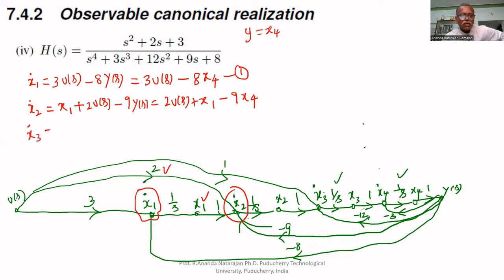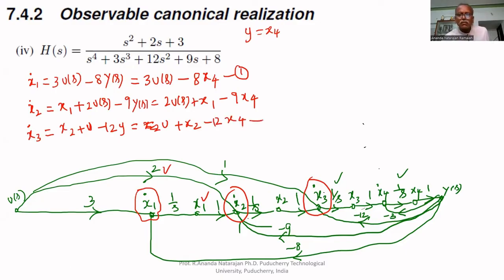X3 dot equal to x2 plus u of t minus 12 y, that is equal to u of t plus x2 minus 12 x4.